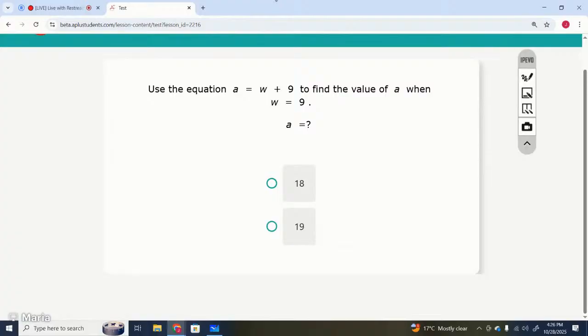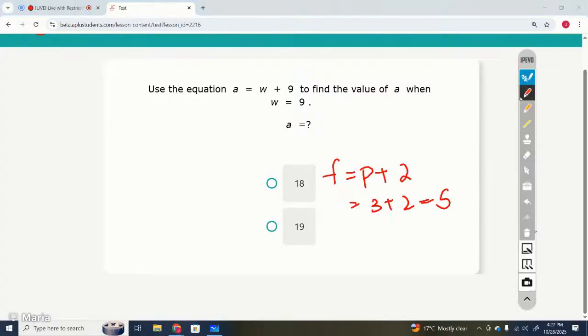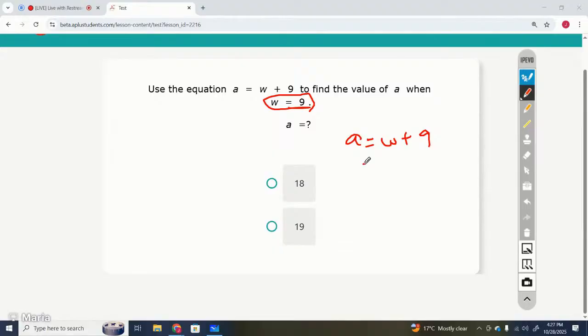Use the equation A equals W plus 9 to find the value of A when W equals 9. Replace the variable with a value. A equals W plus 9. You are given W equals 9, so just replace the variable with a value.